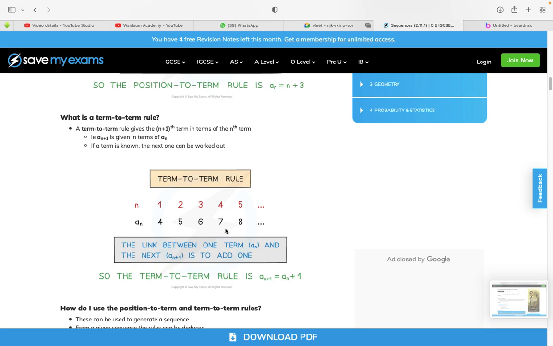This link is not between position and the nth term. This formula is between this term and the next one, and the next one. So an plus 1 is equal to whatever an you have here plus the common difference, whatever the term to term rule is. This will be the term to term rule formula.